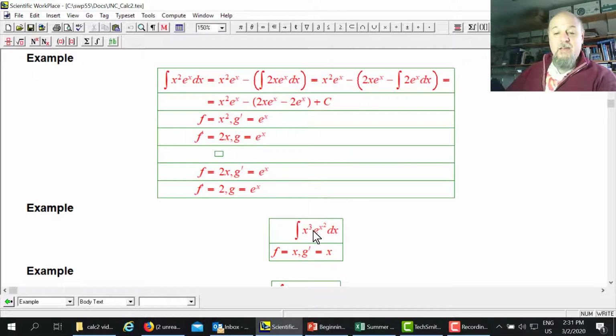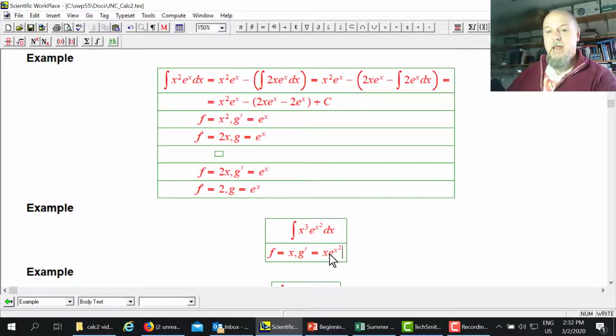I wanted an x there when I integrated so that I could do substitution on this part. Remember that last video. So that leaves this with an x squared. I still, when I multiply the f times g together, I still get the x cubed, but I think this is going to work out nicer.